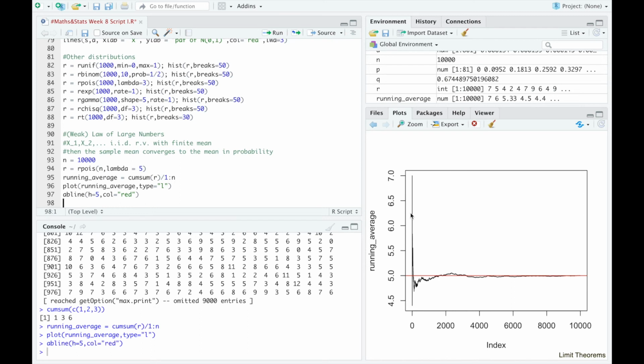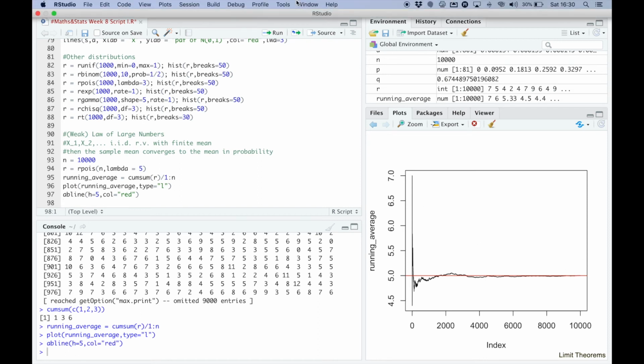So with this plot we can see that the sample mean as n increases approaches the true mean. Of course, this is just an example, but this is true for any kind of distribution, as long as these random variables are independent and identically distributed.